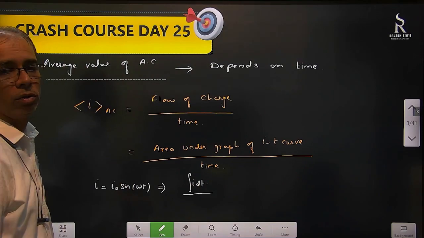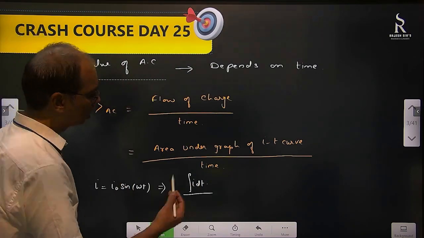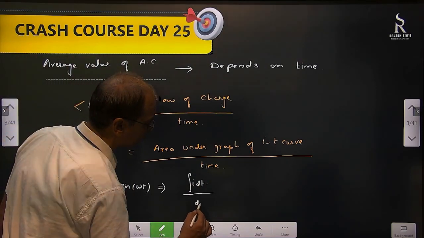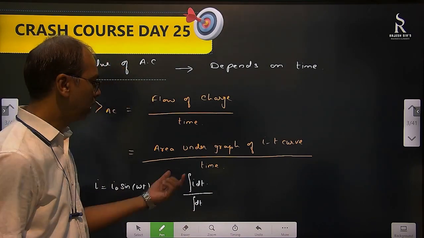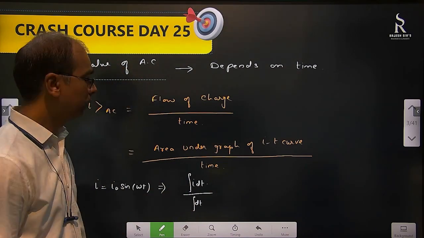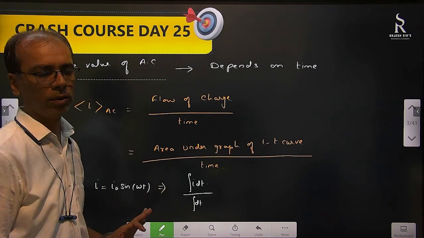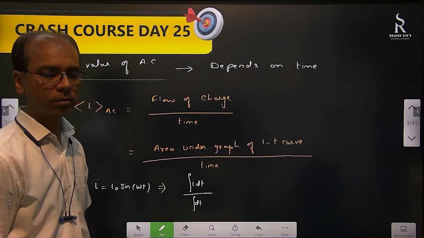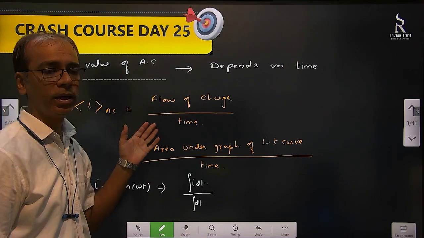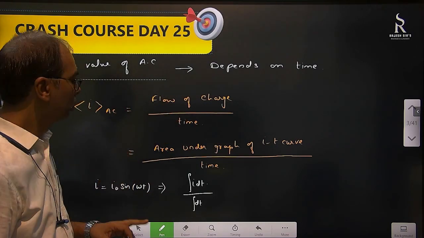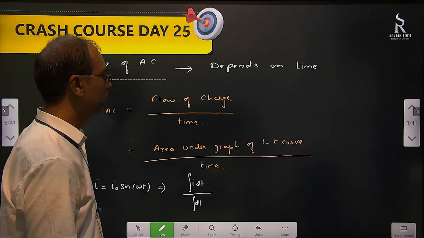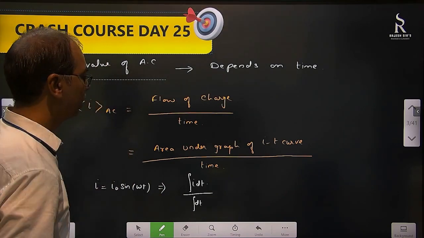In the denominator you can take directly how much time is given, or we can integrate that also if you want, like this, I dt by dt. It depends on what time interval you are taking. If the flow of charge and the time are given directly, we can find it from there also. So I dt by dt, this is the average value, right?